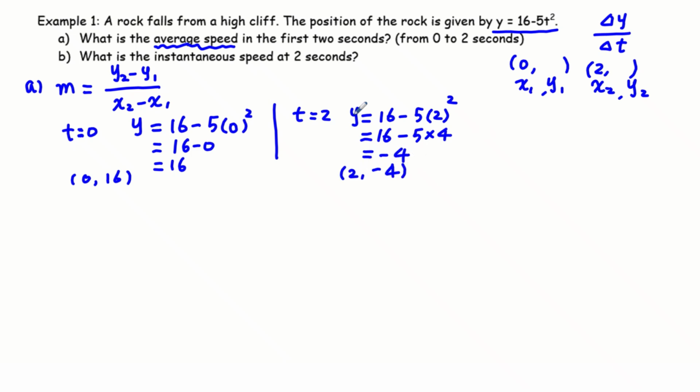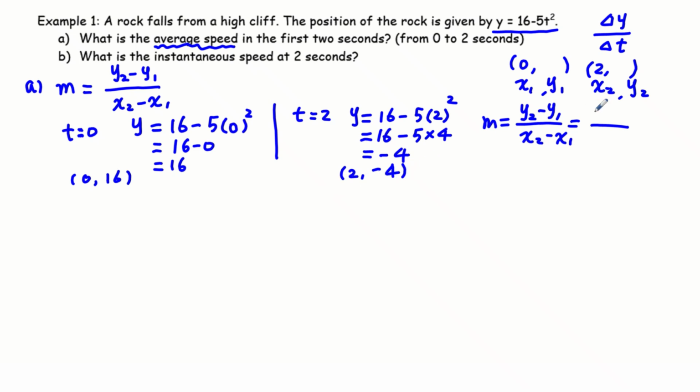Then the slope is just y2 minus y1 over x2 minus x1. Here it is t2 minus t1. So we can use this as the second point, or you can use this one as the second point and this as the first point. It doesn't matter, okay?